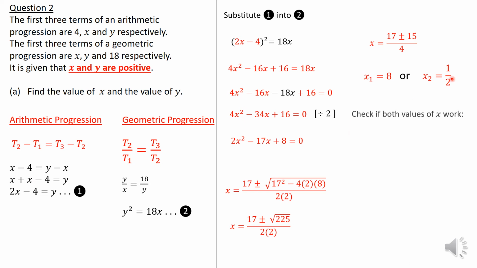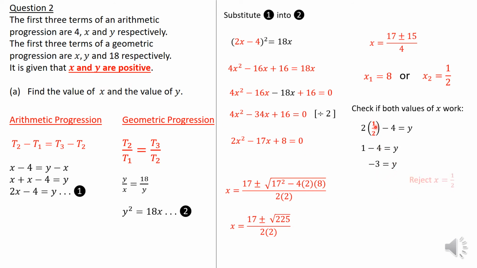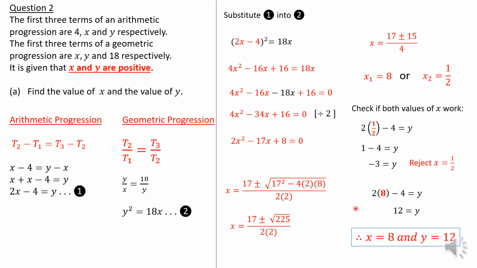Suppose you choose x to be a half, then y becomes negative 3. Because y is negative 3, we cannot accept it, and we also cannot accept x equals 1/2, so I'm going to reject that part. Checking for 8, if you substitute, you get a positive value of y. So y equals 12 when x equals 8. Therefore, that is the value we are looking for in this case.